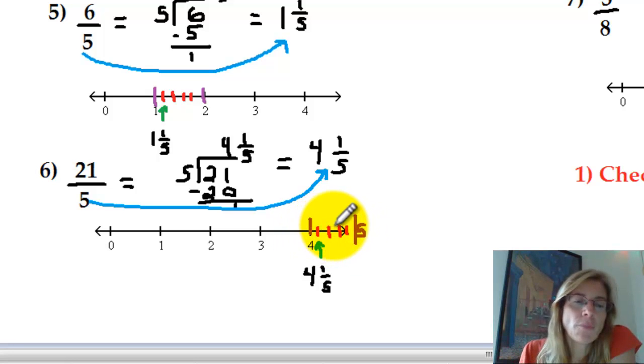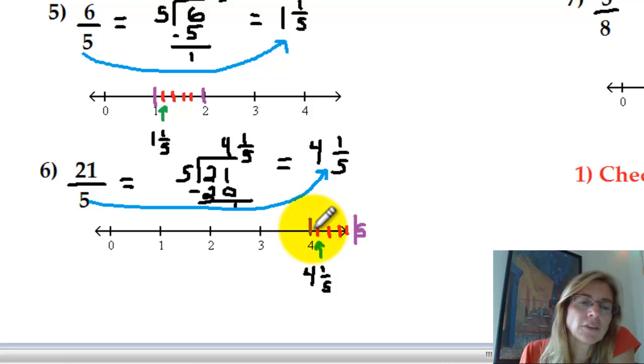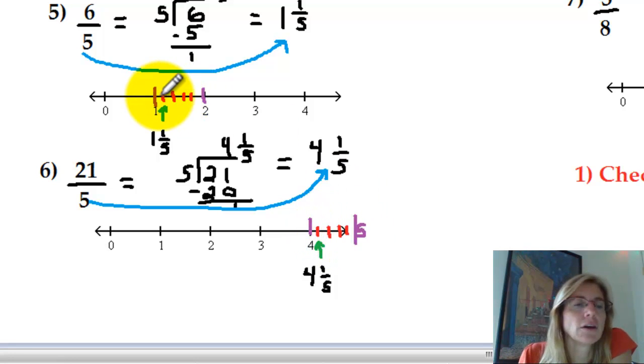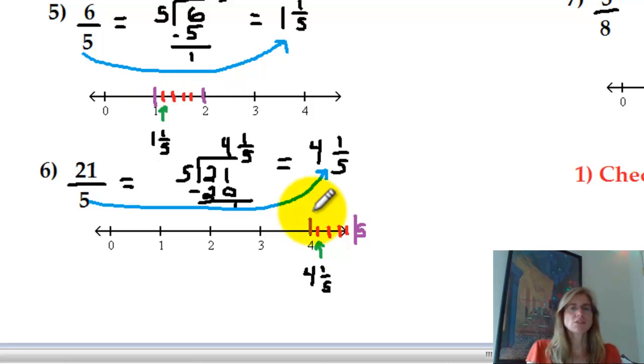I only made 4 marks because we're looking at the spaces. There's 1 space, 2 space, 3 space, 4 space, 5 space, and maybe you could see it better here. 1 space, 2 space, 3 space, 4 space, 5 space. So we're separating the segment into 5 spaces.